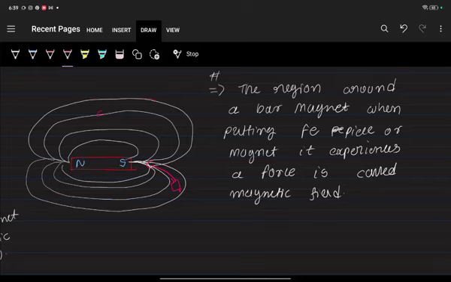We generally denote magnetic field with the symbol B. So remember this definition. This will be very helpful because this definition is not given in your textbook. So write this down and we'll move forward.